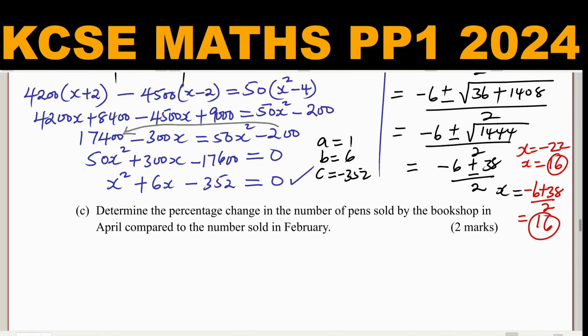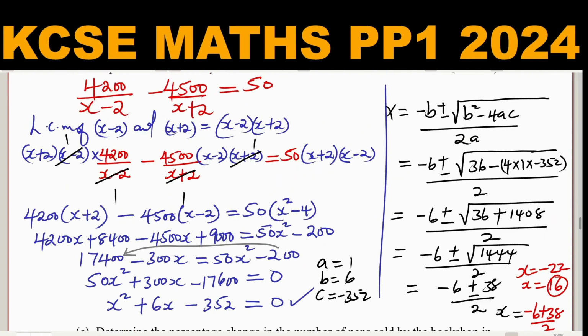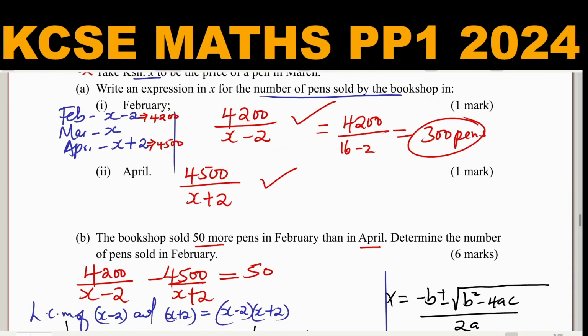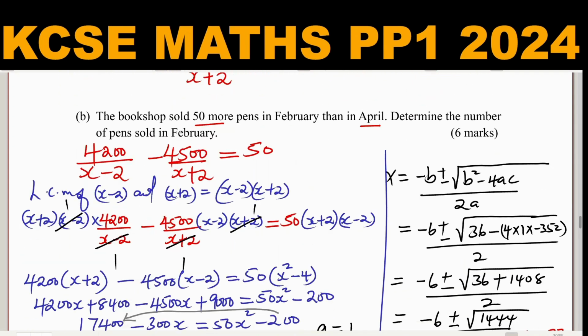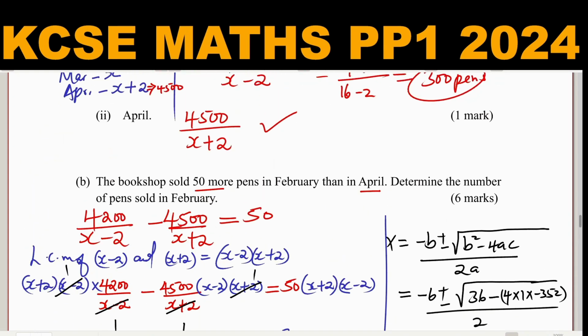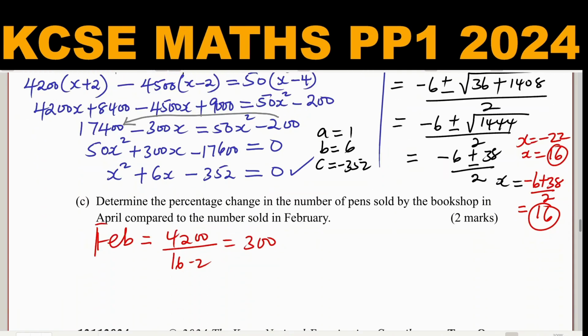We already have the number of pens sold in February: 4,200 divided by 16 minus 2. That gave us 300 pens from part B. Now we need to get the one for April, 4,500.